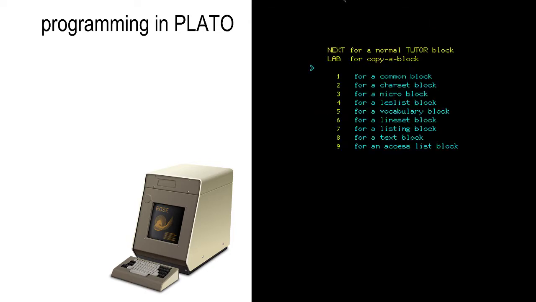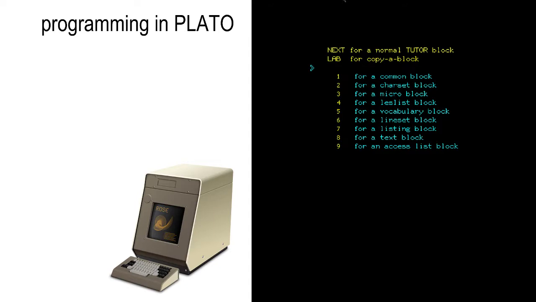Shift C. And at this point here, it's giving you a menu of different types of blocks that you want to use. The most common is a tutor block, which is tutor code, which you just press next to go to. But some of the others are interesting as well.